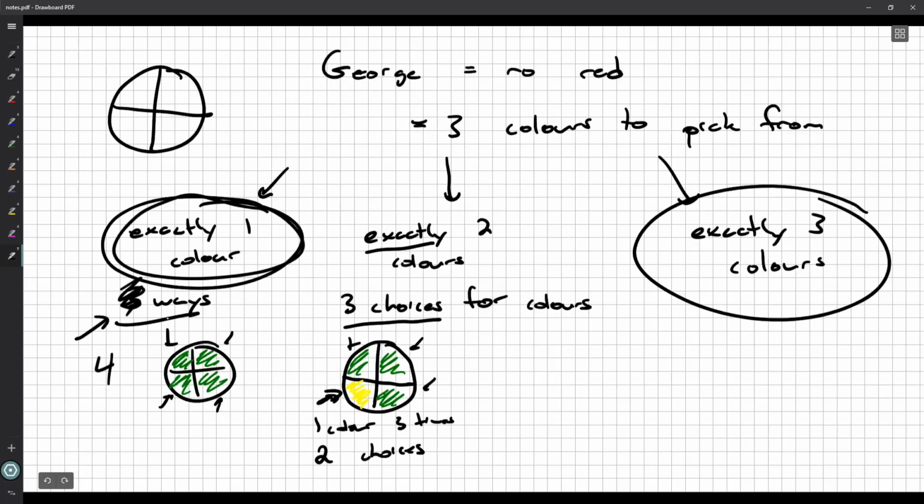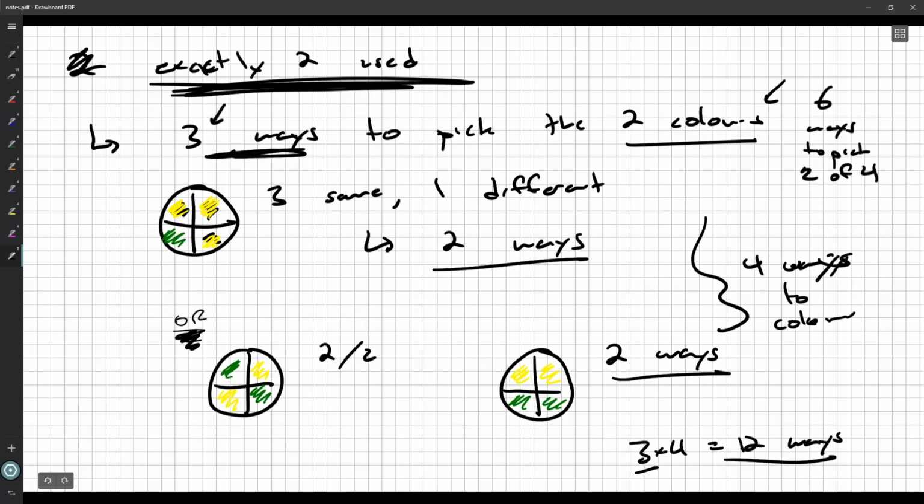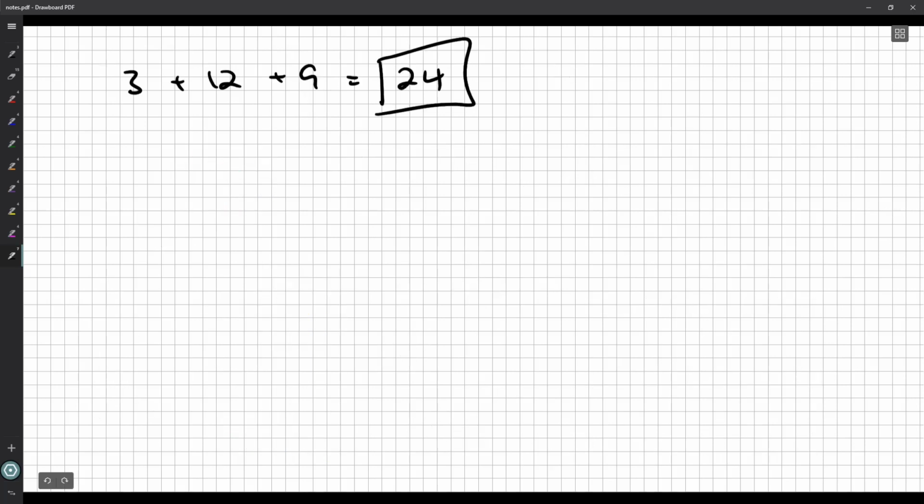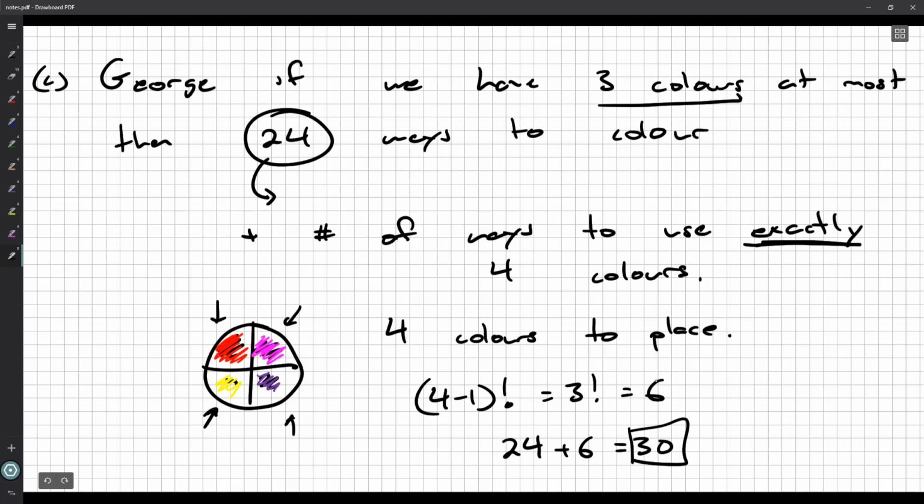Okay? So one kid who has access to all 4 colors is going to have 4 ways to use 1 color. And instead of 3 times 4, he's going to have 6 times 4, 24 ways to use exactly 2 colors. He's going to have 4 times 3 ways to use exactly 3 colors. And finally, he's going to have this 6 ways to use exactly 4 colors.